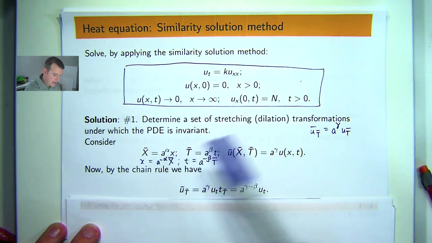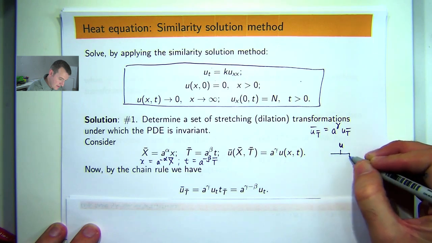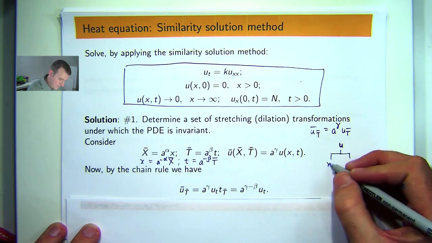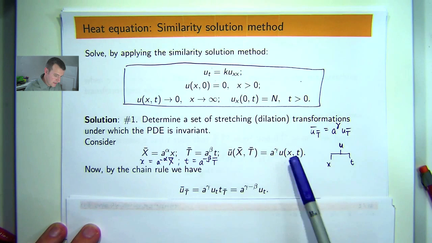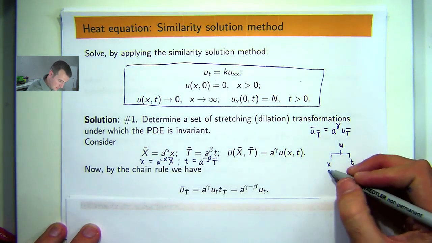Okay, so this way I can write u in the following way. Well, u depends on x and t, and in this setup, x depends on x bar and t depends on t bar.